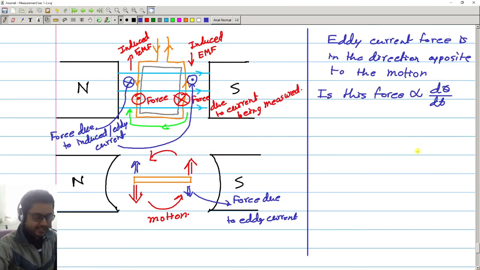Then that will be exactly like viscous drag, exactly like a damping force.